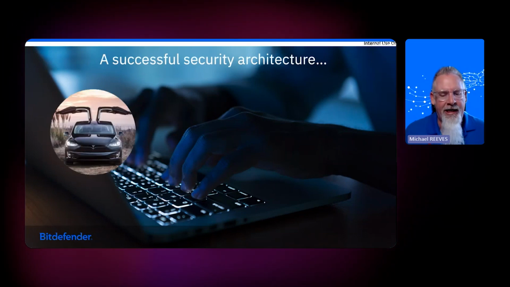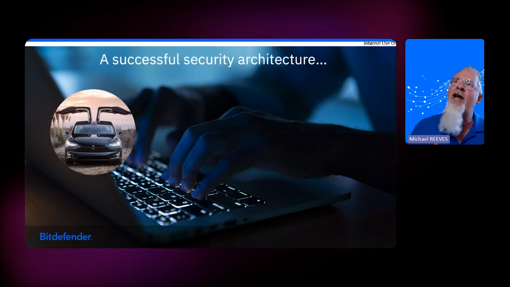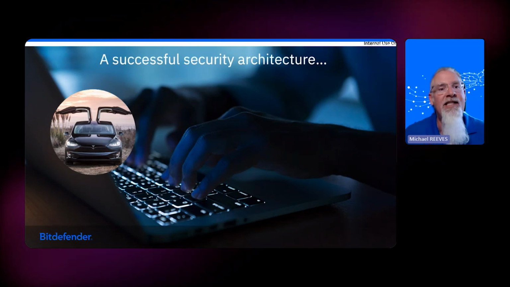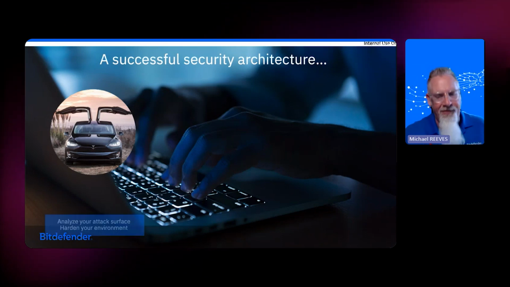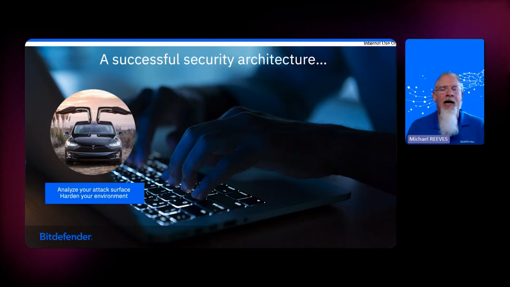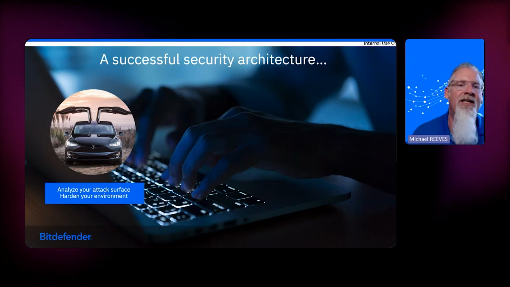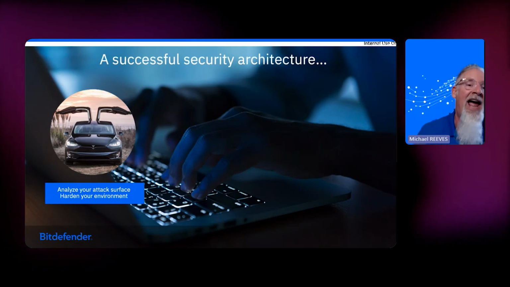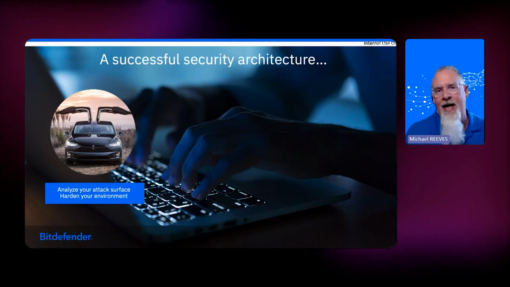The first component is much like what we do naturally, but we seem to struggle with digitally speaking. And that is what I call analyzing the attack surface in my customers' environments, and then systematically and operationally hardening that environment.